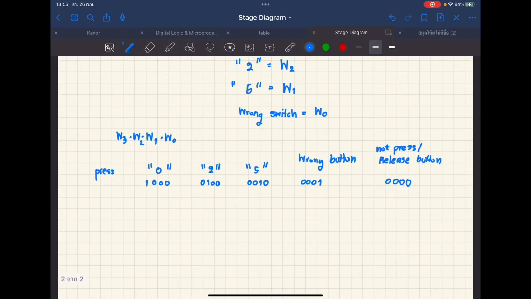And it's going to look like this: W3, W2, W1, W0. We have to AND every input, so it can check that every input is correct.